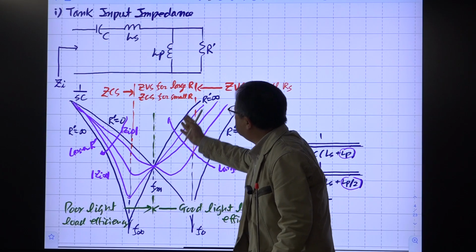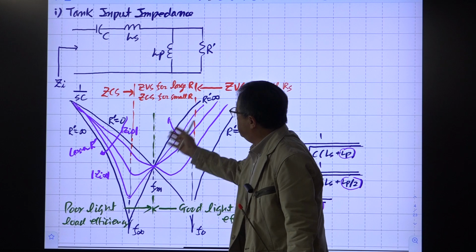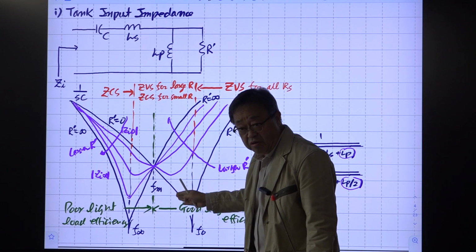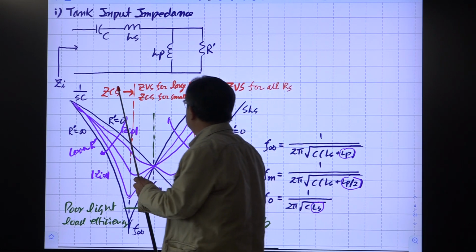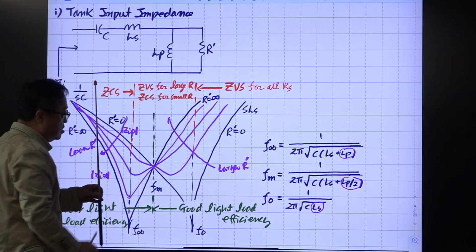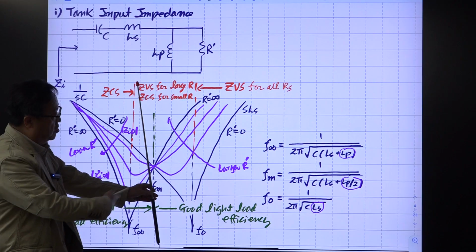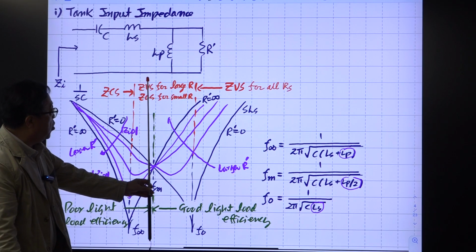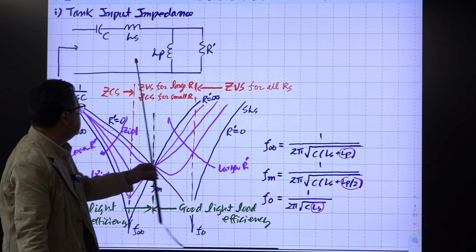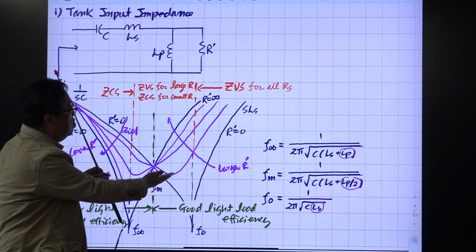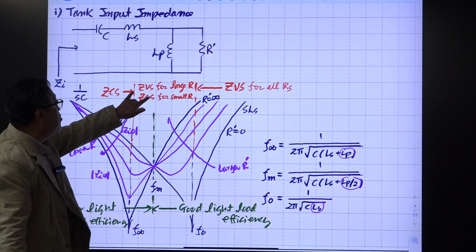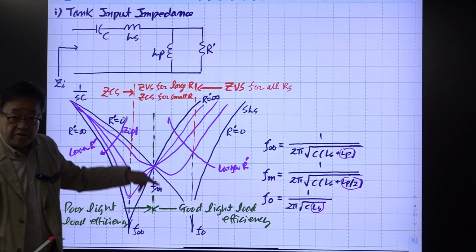Then this slope means we have GBS here and GCS here, right? So there are two borderlines, maybe three borderlines. This is a borderline for line node efficiency and a borderline for GBS, GCS, and in between we have the combination of GBS and GCS. Okay?